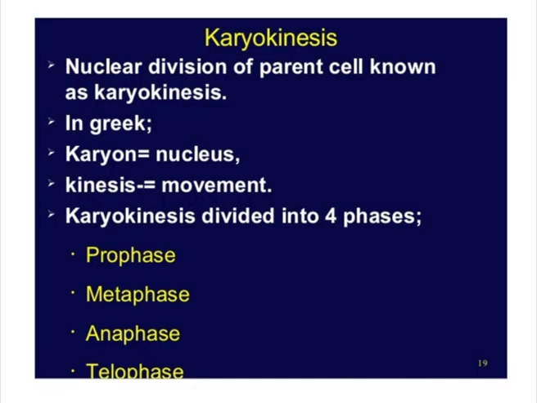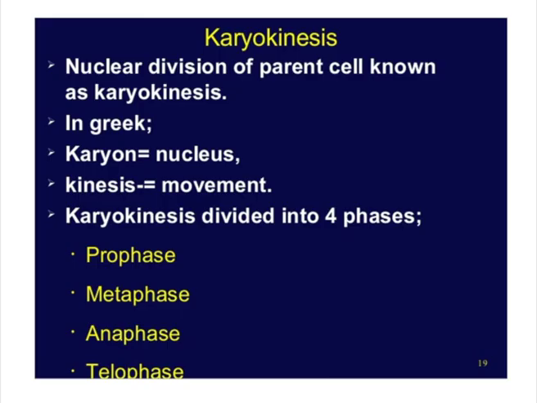These are the basic phases of mitosis, two phases in the total life cycle of mitosis. Both karyokinesis and cytokinesis are mitotic divisions. First take karyokinesis, the nuclear division of the parent cell. What is the meaning of karyokinesis?